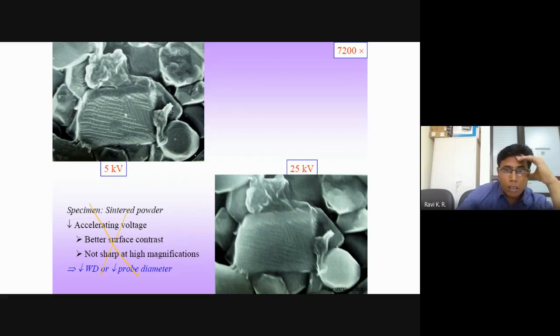Now you compare these two images. We don't see much difference when you go from 5 kV to 25 kV. Whatever adjustment you try to make on some of these samples, maybe there is a different reason, maybe it may not be the optimum range. Maybe between 5 kV and 25 kV is the optimum. But you can see that by changing the accelerating voltage, you don't see much difference in this sample.